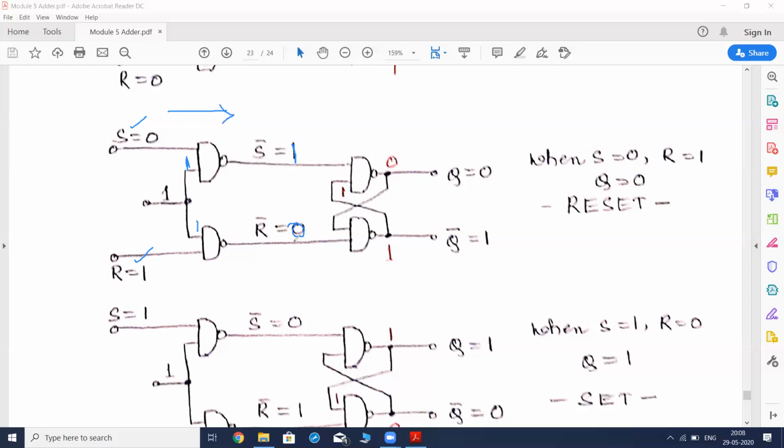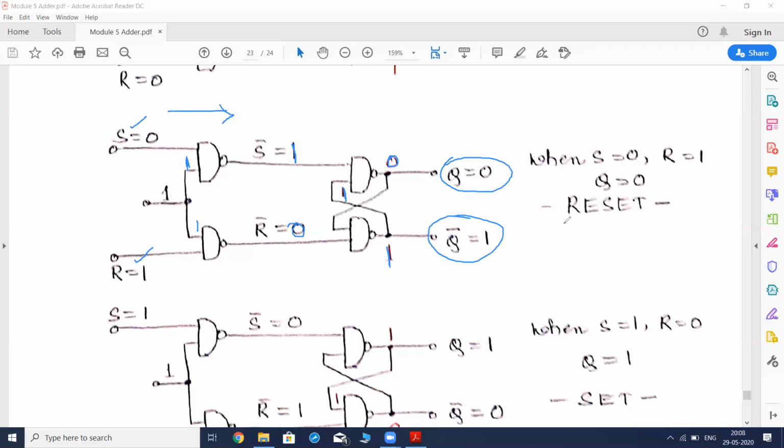So now we already have 1 0 over here, and we can proceed. When any one of the inputs is 0, we get the output as 1 over here, so that 1 will appear over here. When both the inputs to any NAND gate are 1s, we get the output as 0. So we'll get Q as 0 and Q bar as 1.